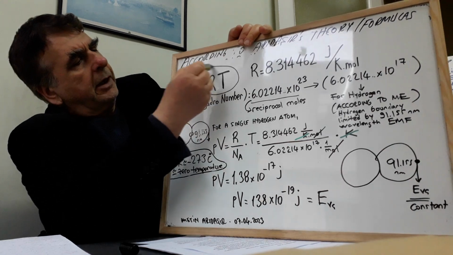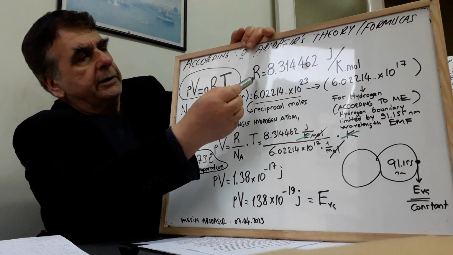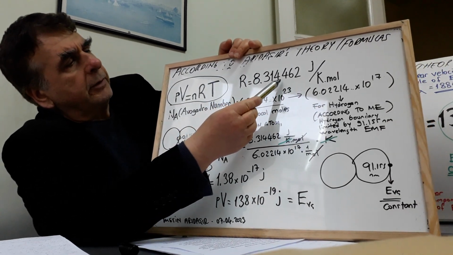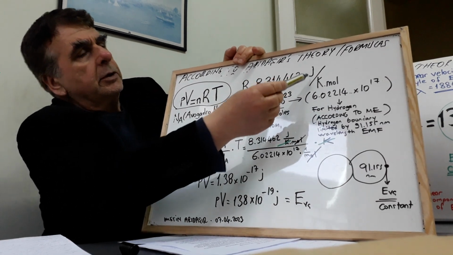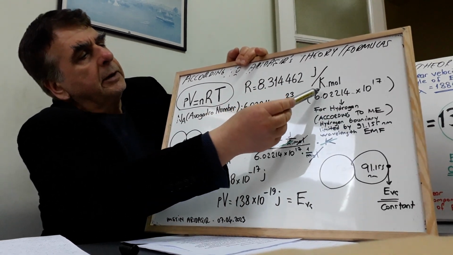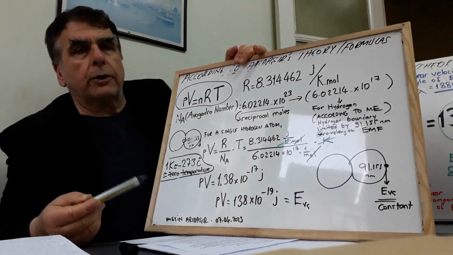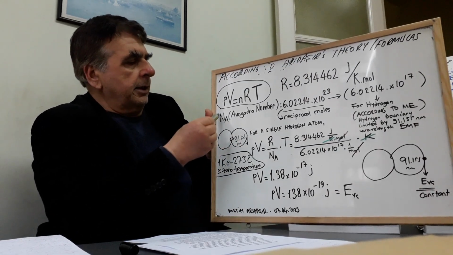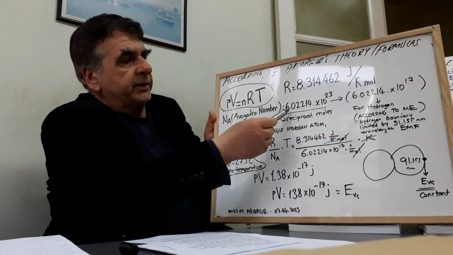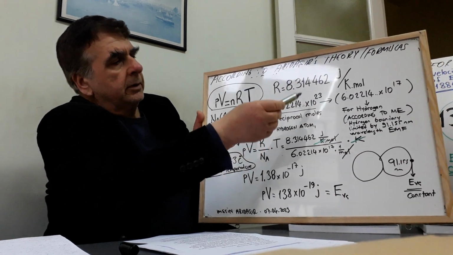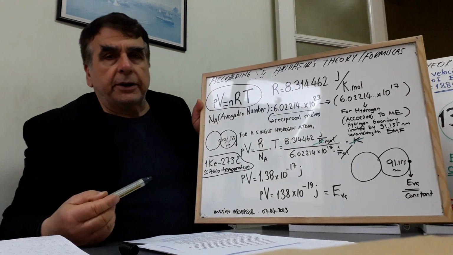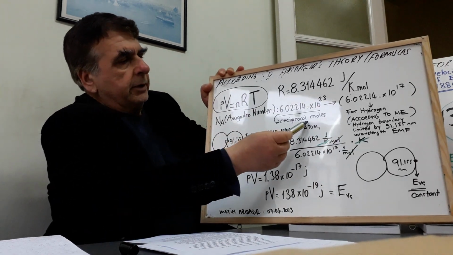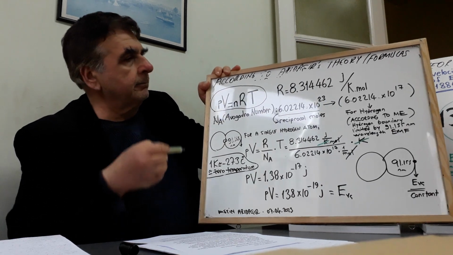This is the ideal gas formula, and this is the ideal gas constant, 8.3144 joules per Kelvin mole. And we know NA, the Avogadro number, 6.02 10 to the 23, reciprocal moles.